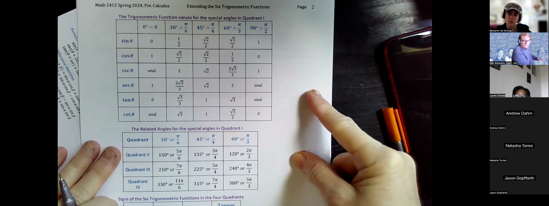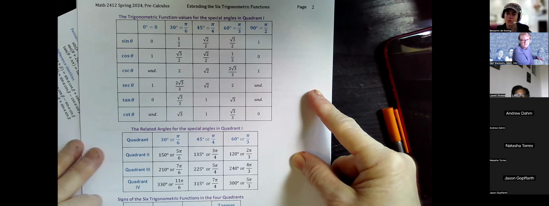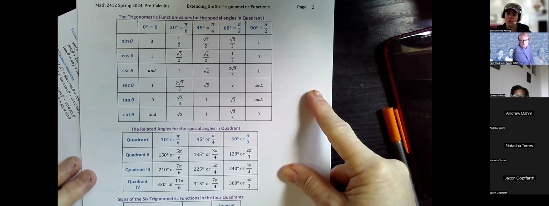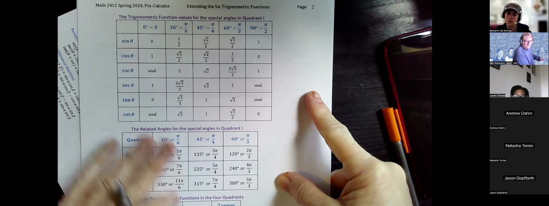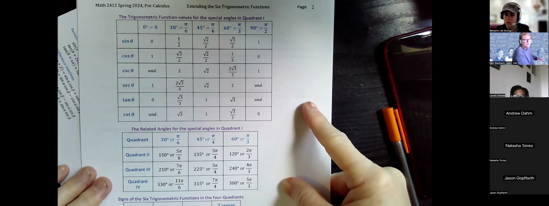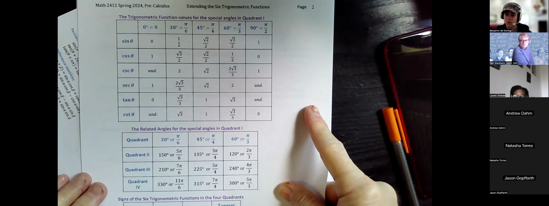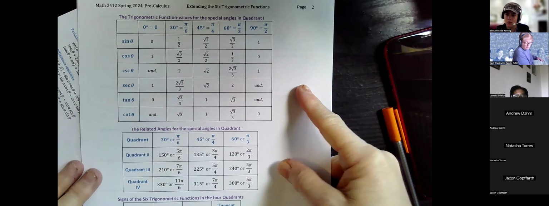And the main reason why you have sheets like this is so that you don't need them eventually. I don't want you to worry about memorizing something like this. I just want you to practice filling in the unit circle, and then this will be unneeded. You won't need it.